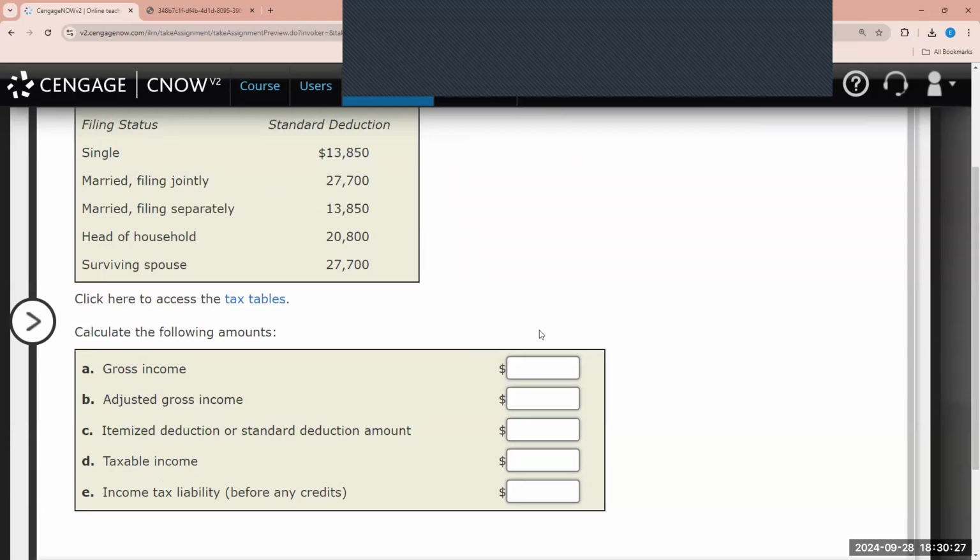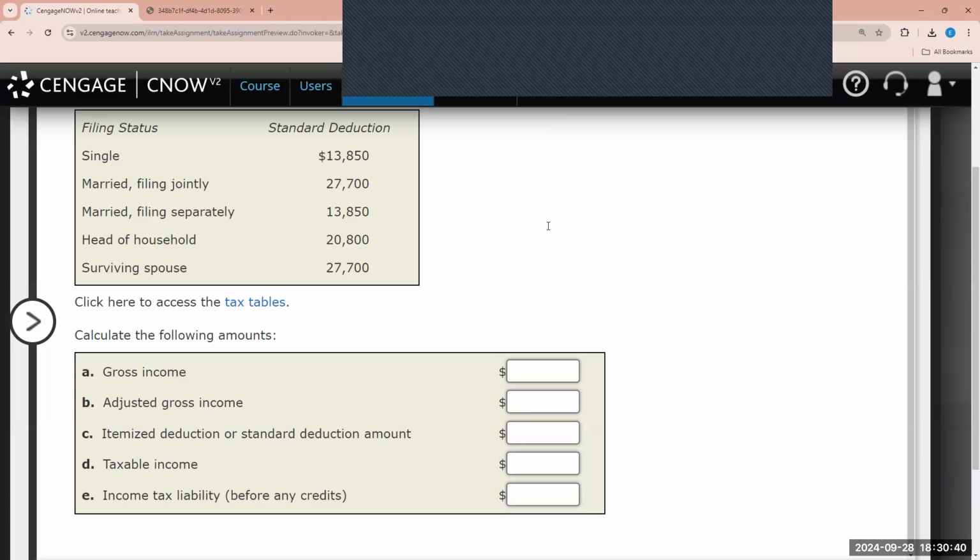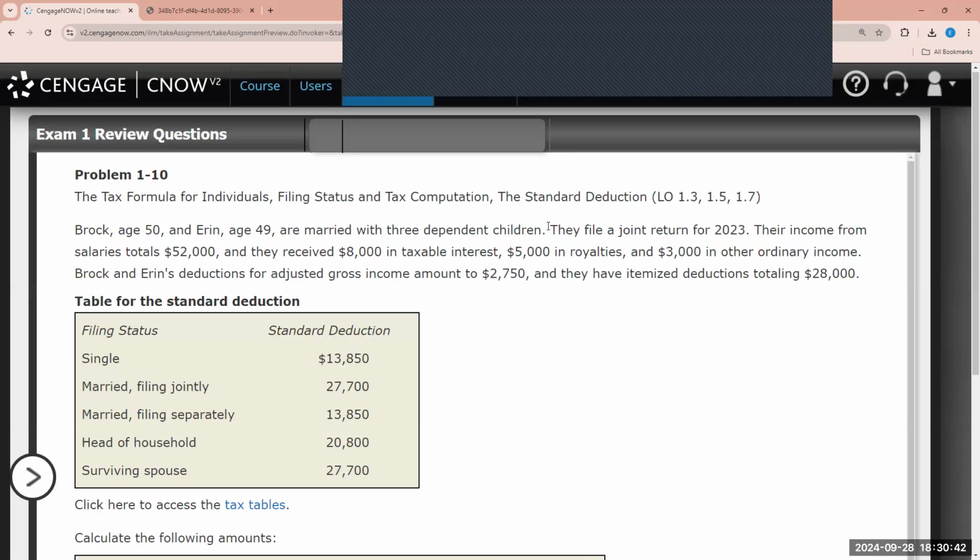So this brings us to a similar question. It's asking us to calculate the following amounts: gross income, adjusted gross income, aka AGI, the itemized deduction or standard amount, taxable income, and the income tax liability. So here it says Brock, age 50, and Erin, age 49, are married with 3 dependent children. They file a joint return for 2023.